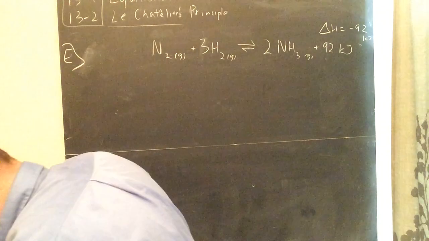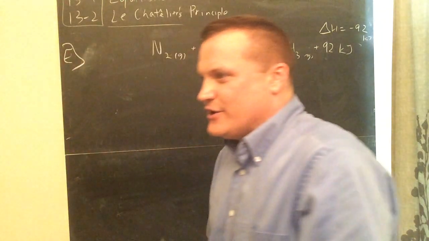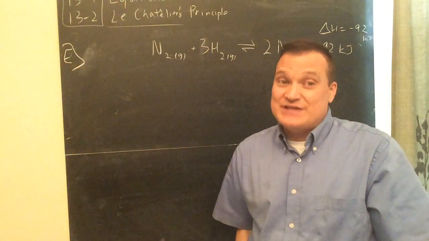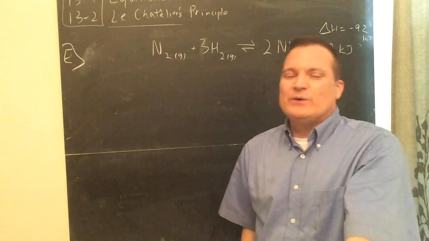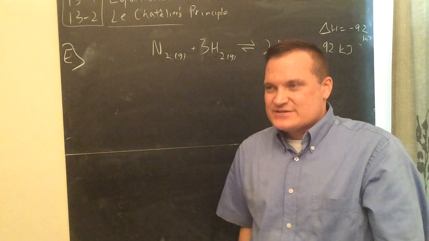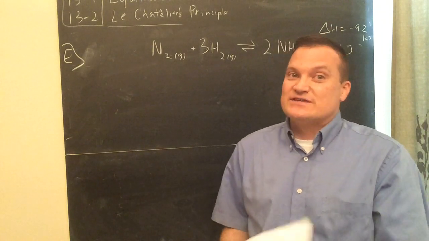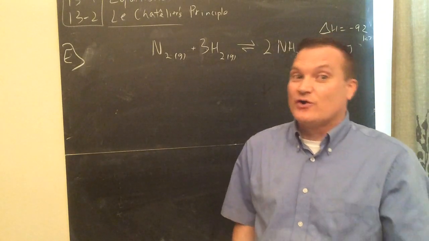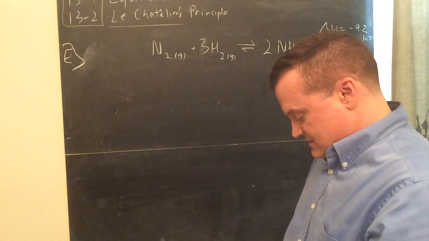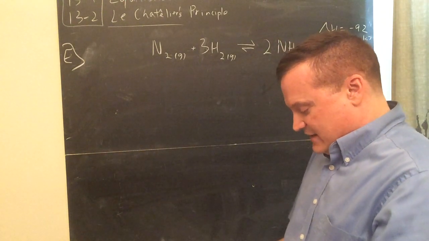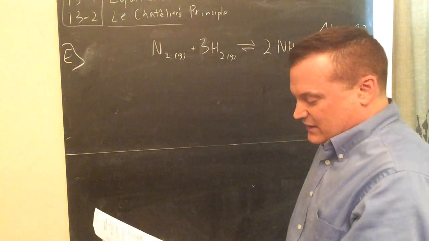Now, when you change the temperature, it also will change K, and you'll get a new K value resulting. We will get back to that at a later point: how to determine whether the new K value is going to be higher or lower than the original K value. That's not here yet, but it'll come up after the next lesson, I believe, or I'll bring it up if not.